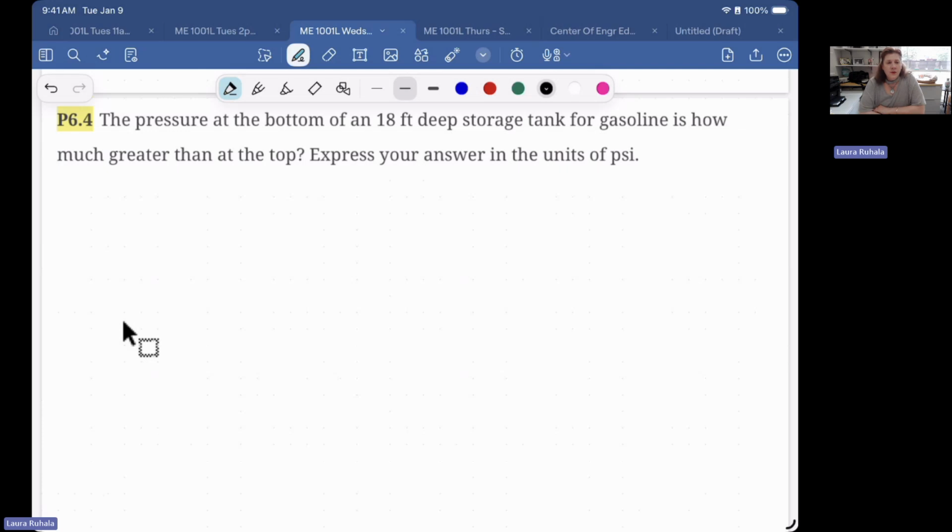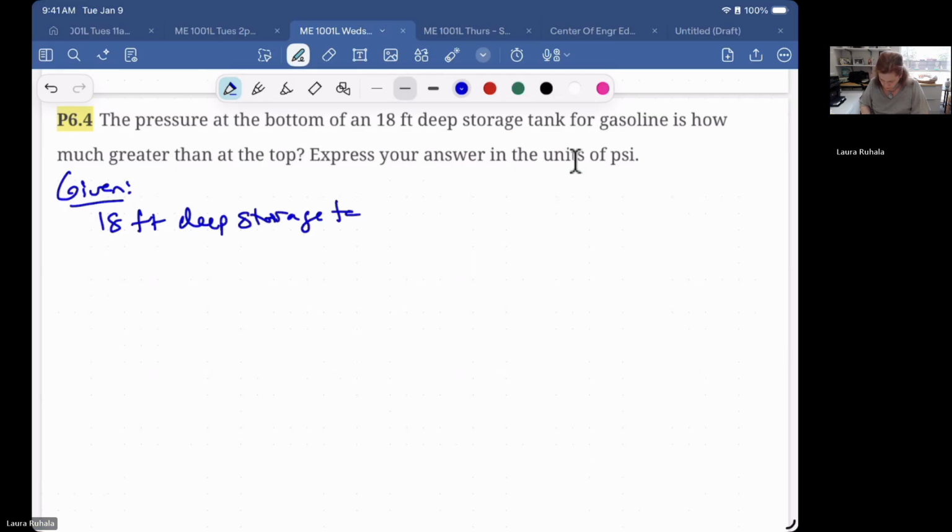Okay, it says the pressure at the bottom of an 18-foot deep storage tank for gasoline is how much greater than at the top of the tank? Express your answer in units of PSI. All right, we can do this. Given we have an 18-foot deep storage tank, and it's gasoline.